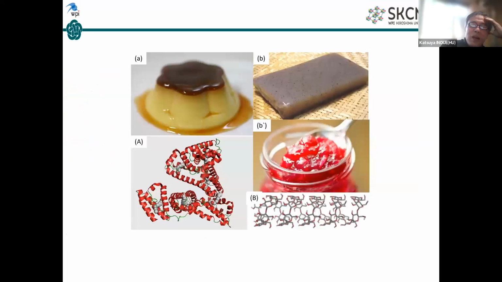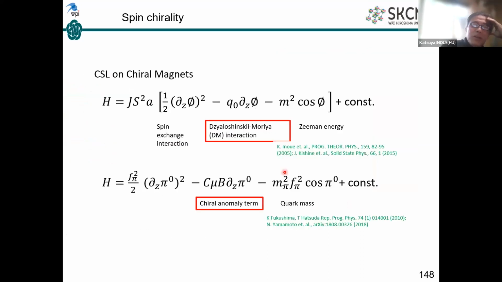This is a picture of our food: pudding, cognac and jams. They are made of chiral polymeric molecules. Now let's consider that our system, a spin-spin or magnetic interaction system, has this Hamiltonian. And if we consider the strong force system, we find the same Hamiltonian.